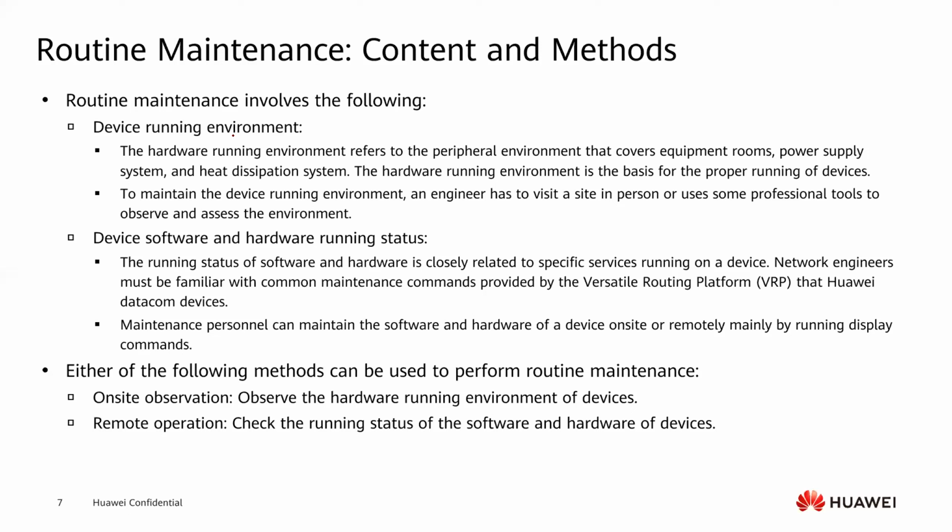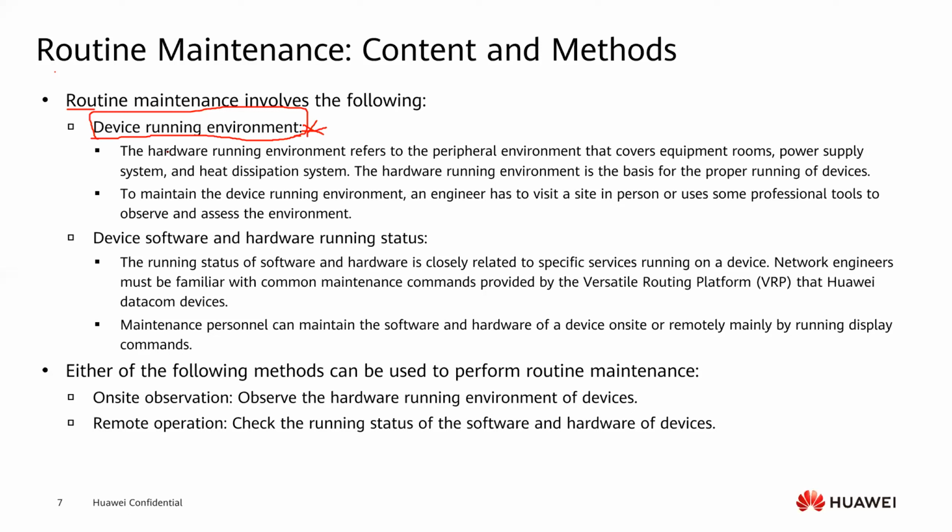First, we look at the classification of routine maintenance. Routine maintenance involves two types. First is the device running environment. For network engineers, we usually don't pay much attention to the device running environment.